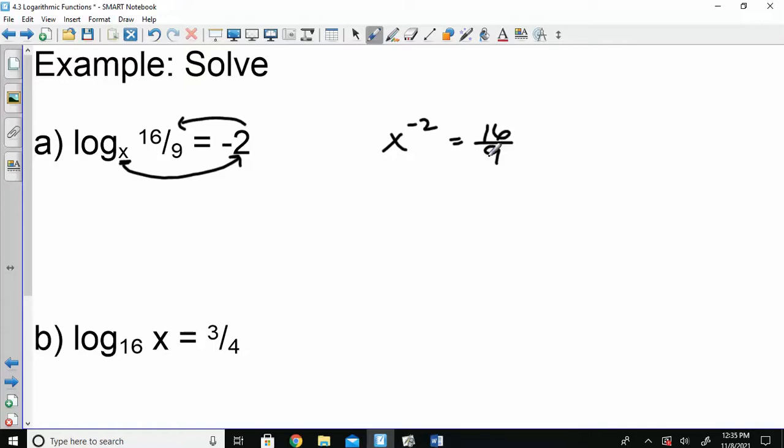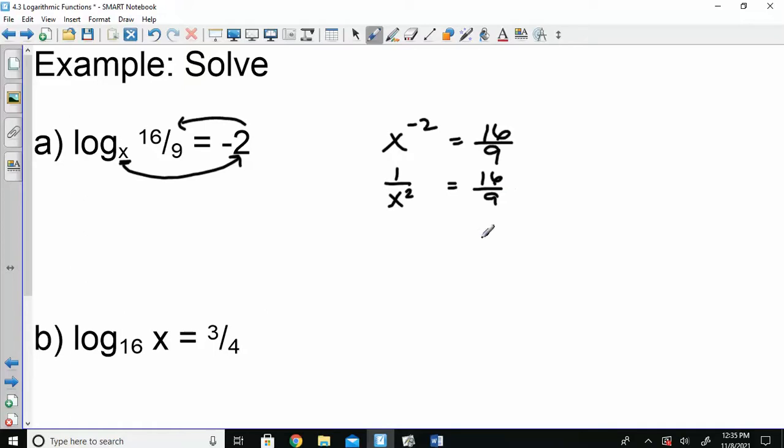There's several options for where to go from here. What are your thoughts? Okay. X to the negative 2, you could write that as 1 over x squared. Then what would you do if you were trying to solve for x?